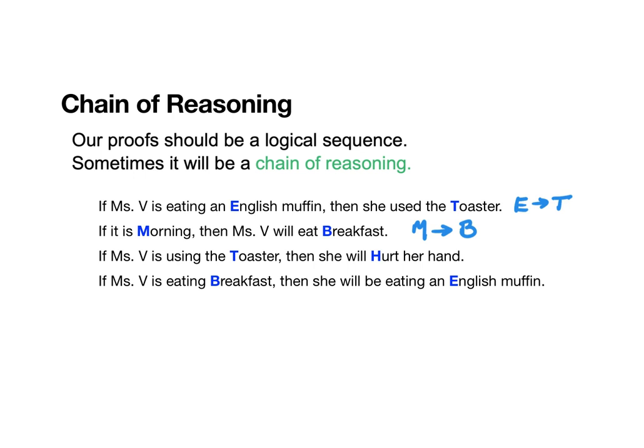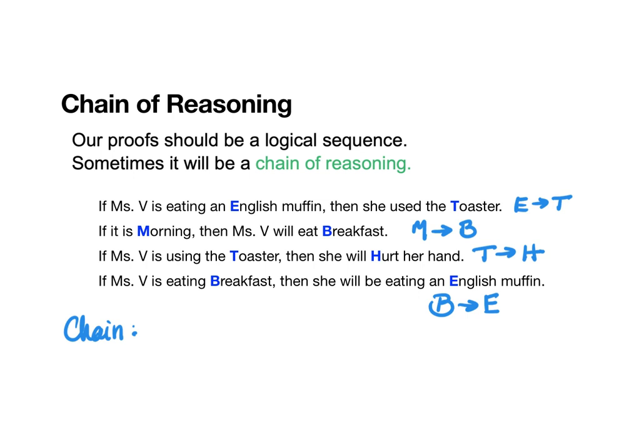If Ms. V is using the toaster, then she will hurt her hand. So if toaster, then hurt hand. And then the last statement is, if Ms. V is eating breakfast, B, then she will be eating an English muffin, implies E.